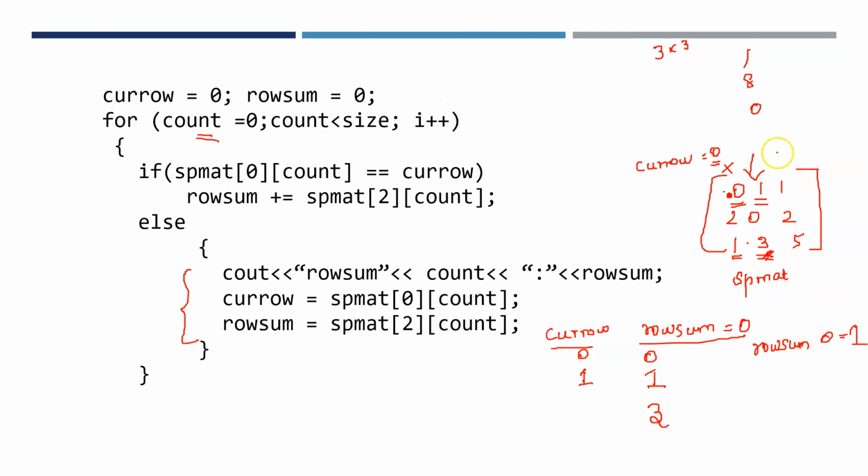It checks the row number. The row number is similar to what we have in the current row, saying that those elements are in the same row, so you need to put a total. So it is equal to the current row. Hence I have to add that value to the sum. 5 is now added to the existing value. It is 8.